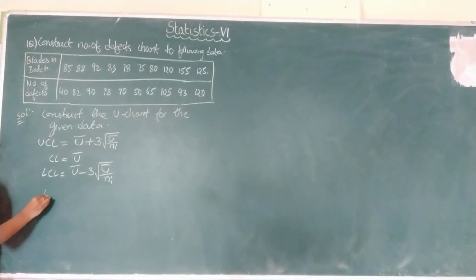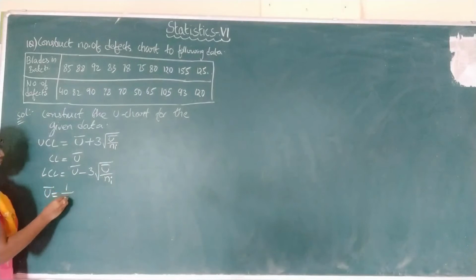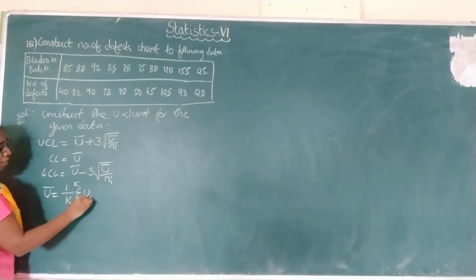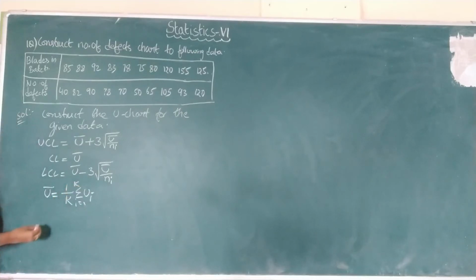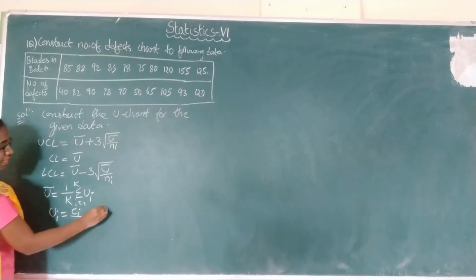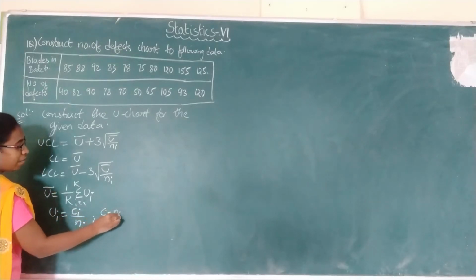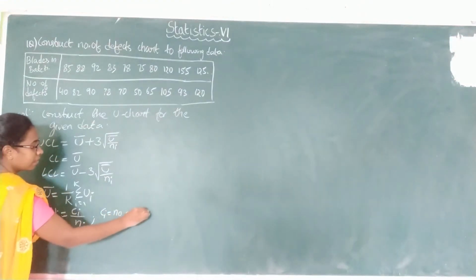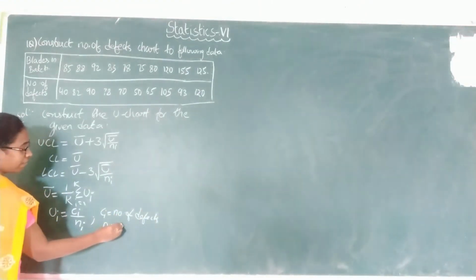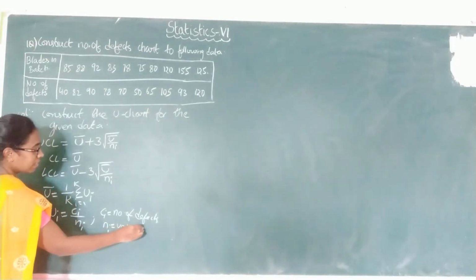So what is U bar here? U bar equals 1 by K summation i equals 1 to K Ui. What is Ui? Ui equals Ci by Ni, where Ci is the number of defects and Ni is the varying sample size.